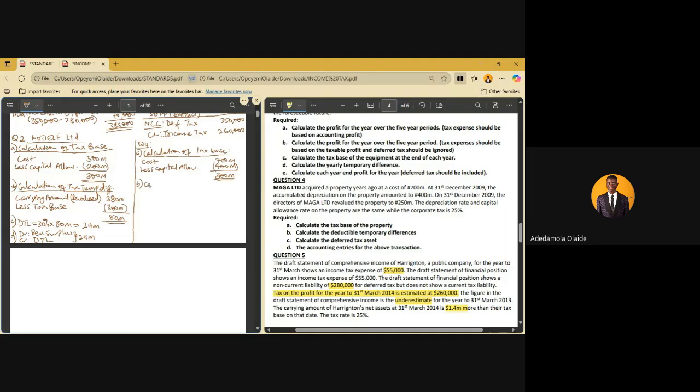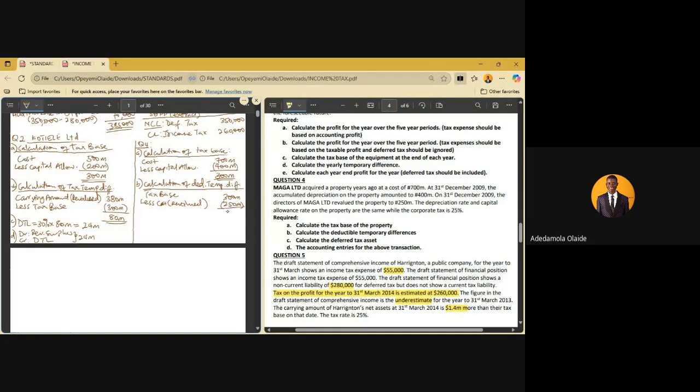B, we are to calculate the deductible temporary difference. The moment they tell us it is a deductible temporary difference, we already know it will be a deferred tax asset. So we'll use the inverse of what we used before. Tax base, which is 300 million, less carrying amount, which is the revalued figure, 250 million.